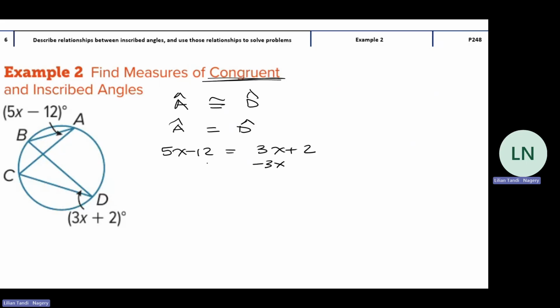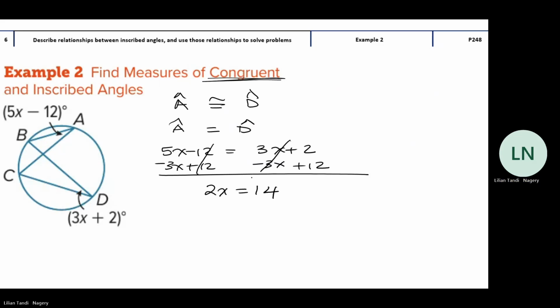I will subtract 3x on both sides. I will add 12 on both sides. I will get 0 here, 0 here. This is 2x equals 14. Then I will divide by 2. I will get x equals 7.